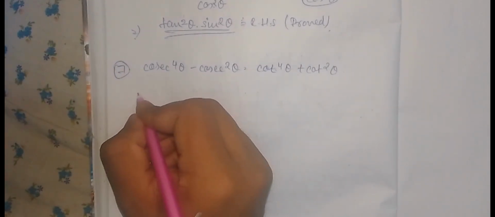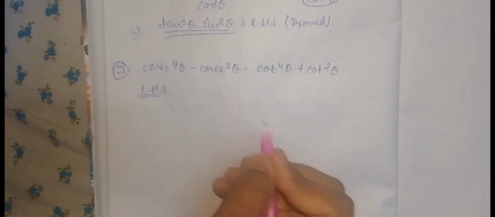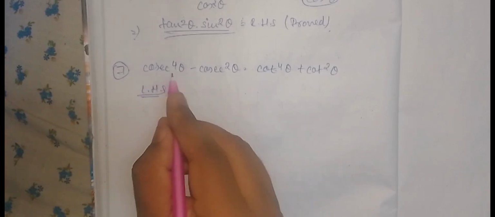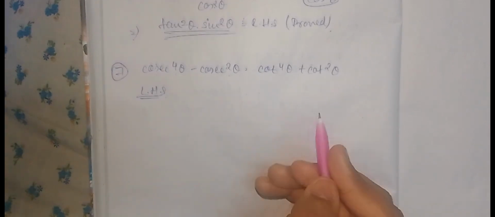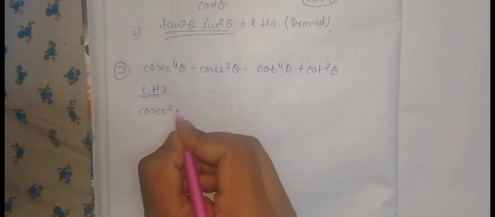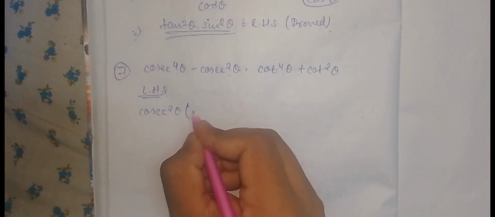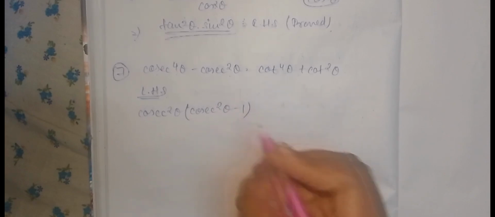Solution: we will again solve the LHS first. We have cosec to the power 4 theta minus cosec to the power 2 theta. Here we can take cosec square theta as common, and inside it we get cosec square theta minus 1.